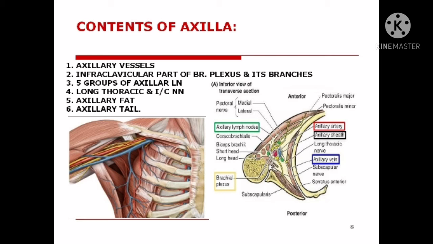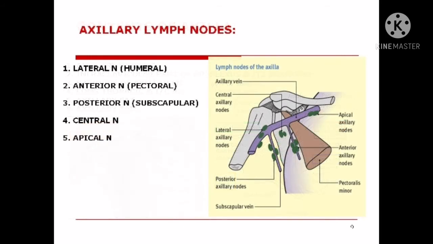You can very well see the cords and the axillary artery and the axillary vein with its tributaries and the branches. In the diagram on the right side, you can see the axilla from anterior to posterior. The important points have been shown in the rectangles.